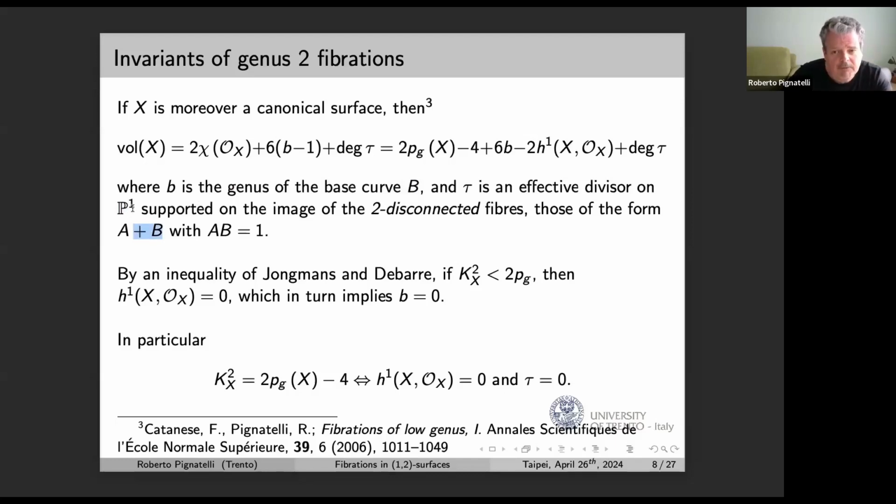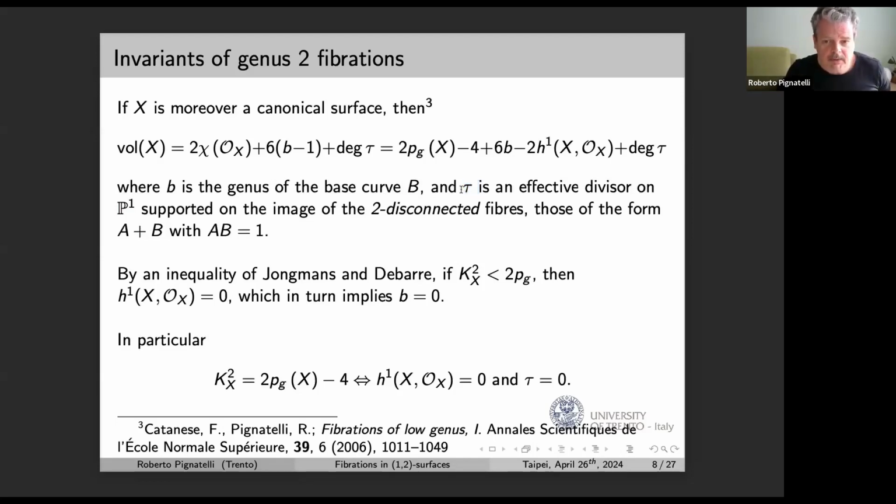On the base curve, tau is supported on the image of the non-2-connected fibers. So this is an effective divisor with a degree, and that's marking exactly the special fibers. Of course, as usual in algebraic geometry, with some multiplicity. I mean, you expect this to be a reduced divisor, so counting exactly the number of non-2-connected fibers, but there are situations in which you can degenerate two points and you get one point, and one of these fibers counts twice.